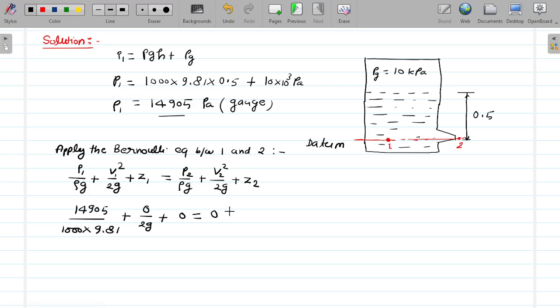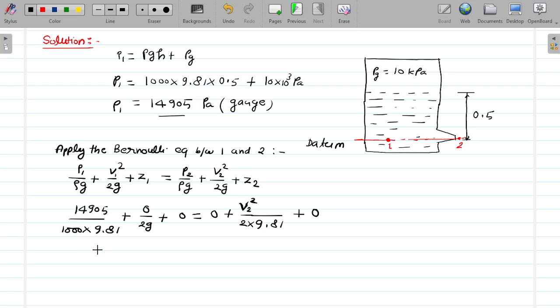Again, velocity V2 is the velocity of the jet or sprayer that we have to find, with g equal to 9.81, and Z2 is also on the datum line, so we will put the value of Z2 as 0.